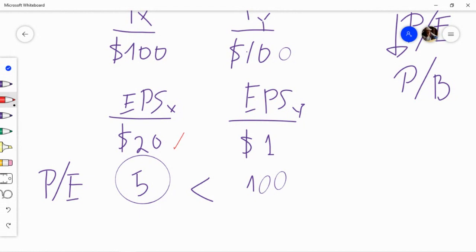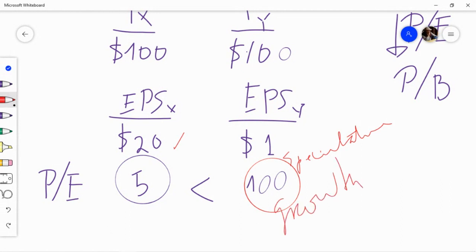Obviously, stock X is better. So stock X is a value stock, but then they call stock Y, which is quite obviously speculative, right? It's speculative. In other words, there's a lot of bubble. But this is called growth stock, growth.